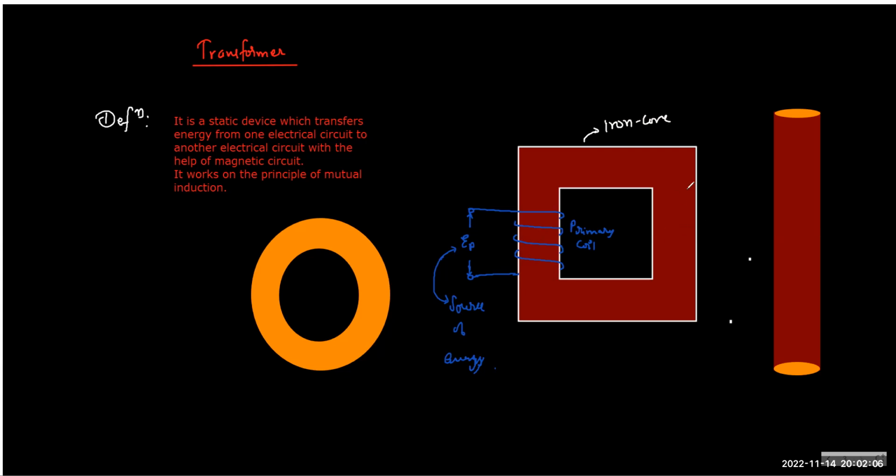Now, in the same core, wherever you want, you can wrap a large number of turns of wire here, here, or maybe like this, doesn't matter. What really matters is you must wrap some turns of wire here also. For the circuit diagram representation, we choose to represent it on the opposite side.